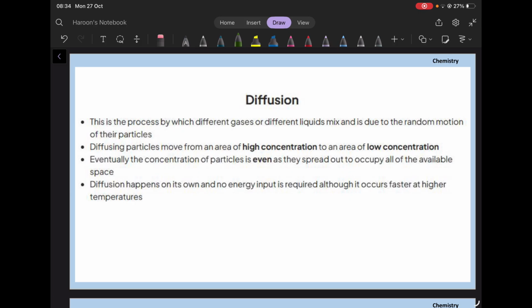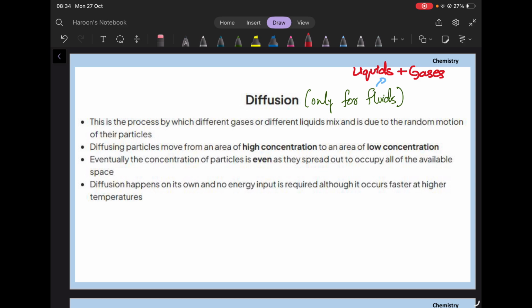This would only occur in fluids. Diffusion is a process that is only for fluids, because in a solid state particles can't really move, they can only vibrate about their fixed positions. So by fluids, what do I mean? Fluids would represent liquids plus gases.